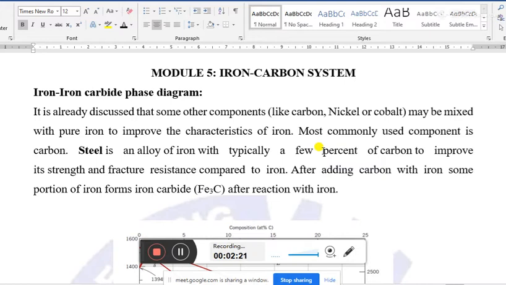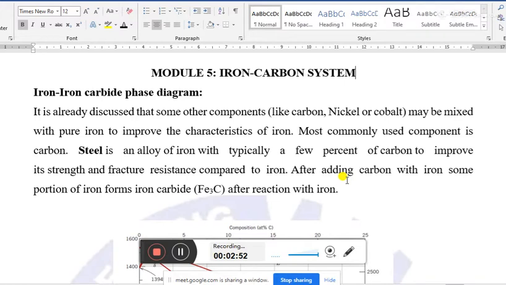That's why we have to get a deep idea on steel. Before we go to study steel and its structural characteristics, we have to understand the reaction and the phase diagram of the iron and carbon system.